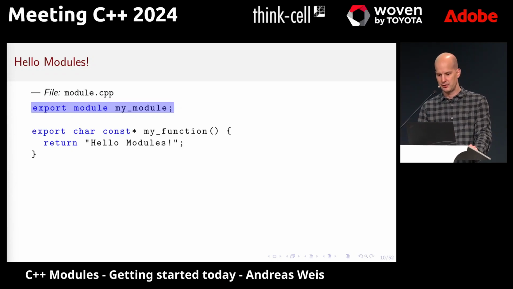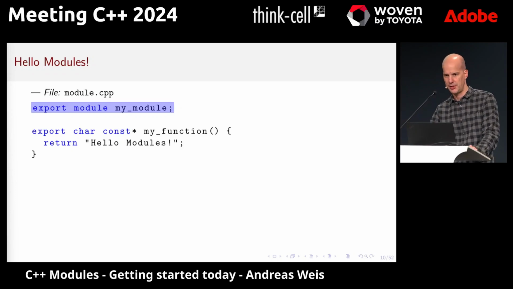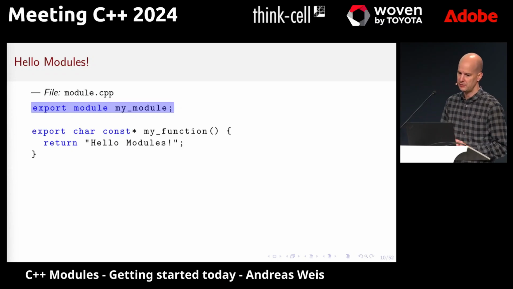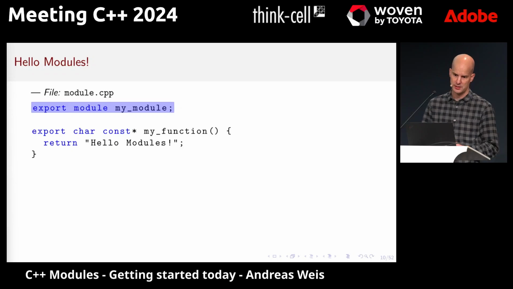So we put such a declaration at the top before any other declaration to signify that this translation unit is actually a module source file. We also give the module name here, which is my_module in this case.